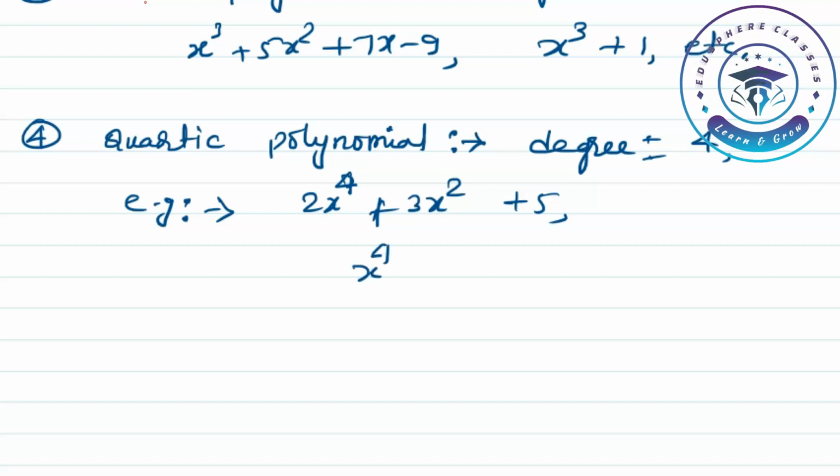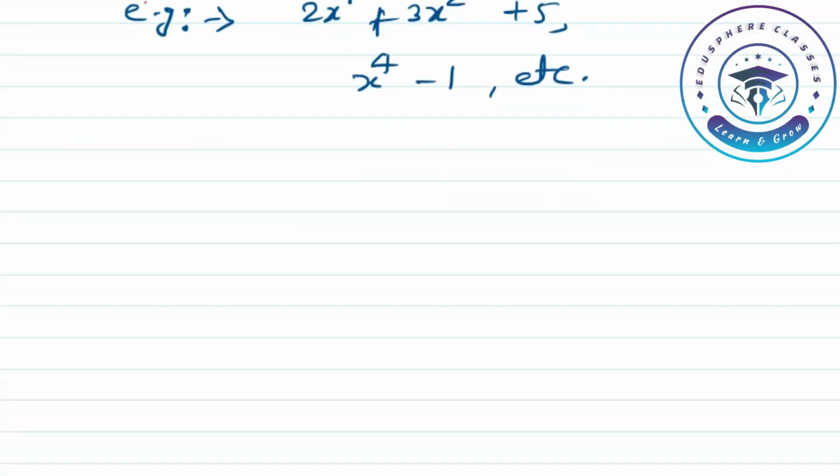We can simply write x to the power 4 minus 1. So these are quartic polynomials. For degree more than 4, we simply call them by the degree, like polynomial with degree 10, polynomial with degree 6, like that.